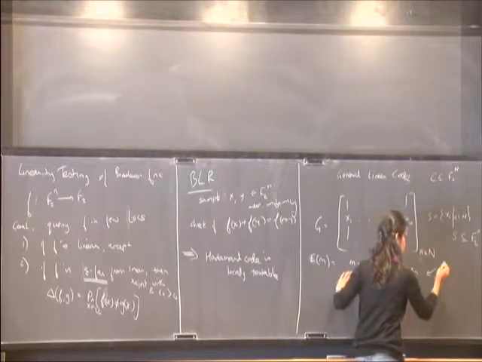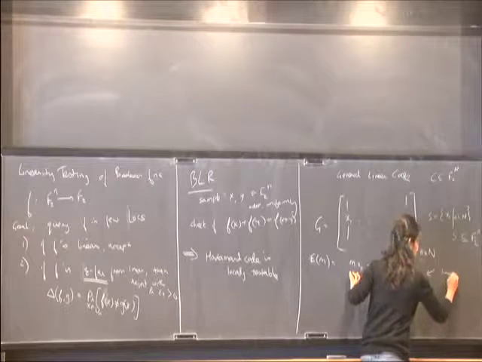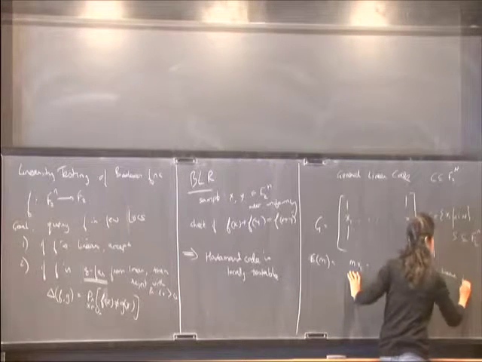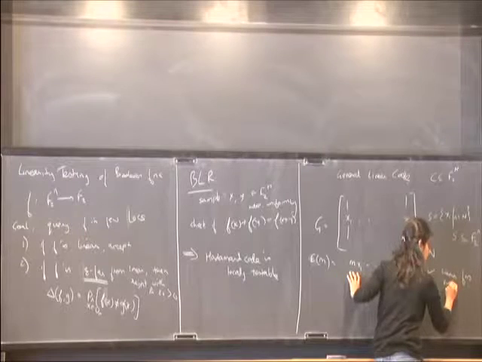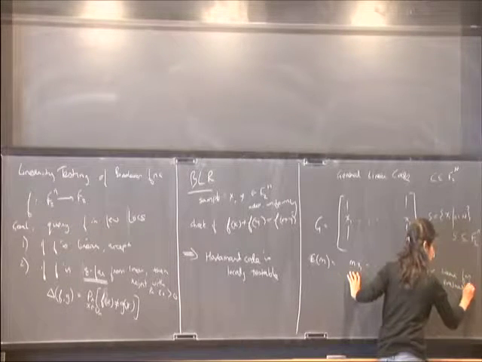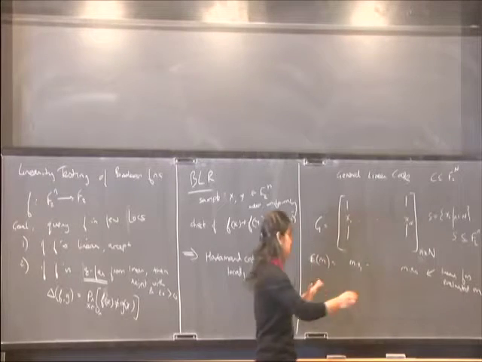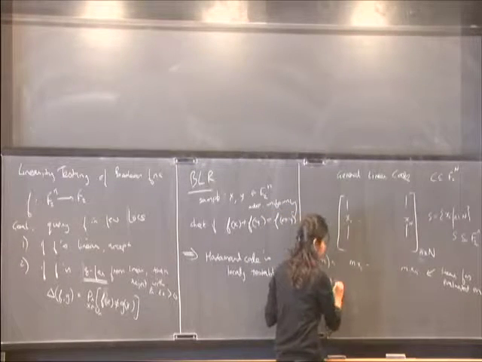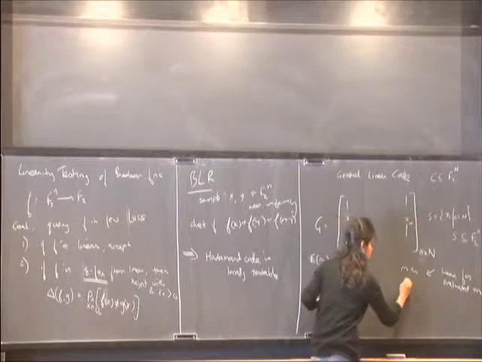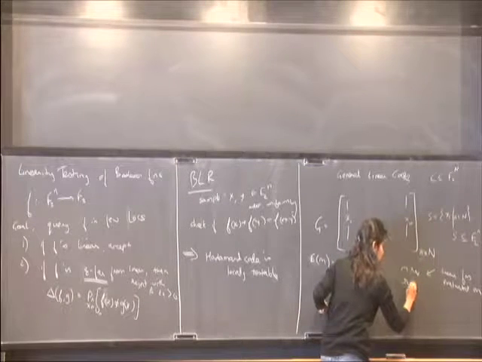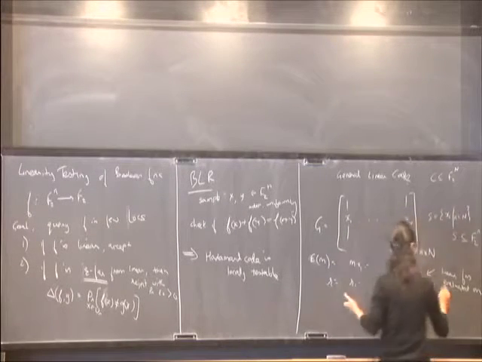So the code words are the truth tables of the linear functions evaluated on S. We are not looking at the entire domain, only a restricted domain. And a received word you might see out here, of length capital N, is basically some function on S.